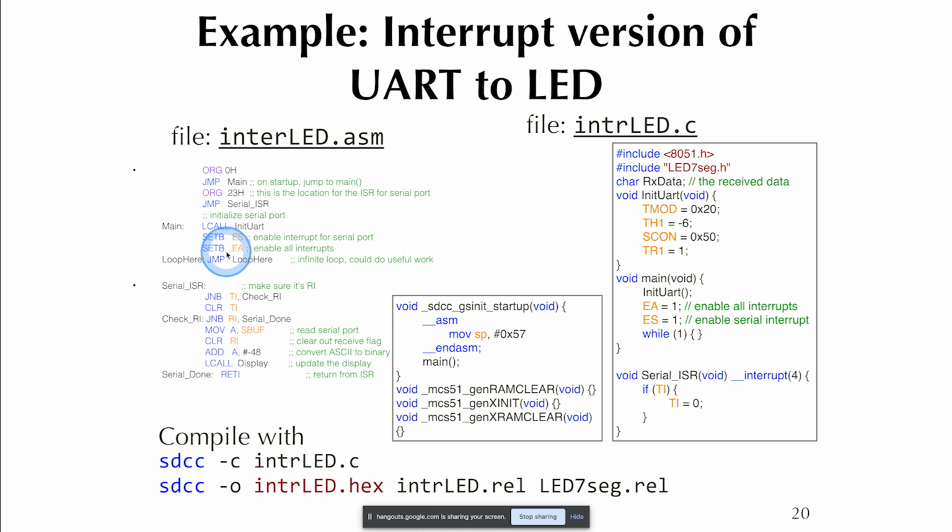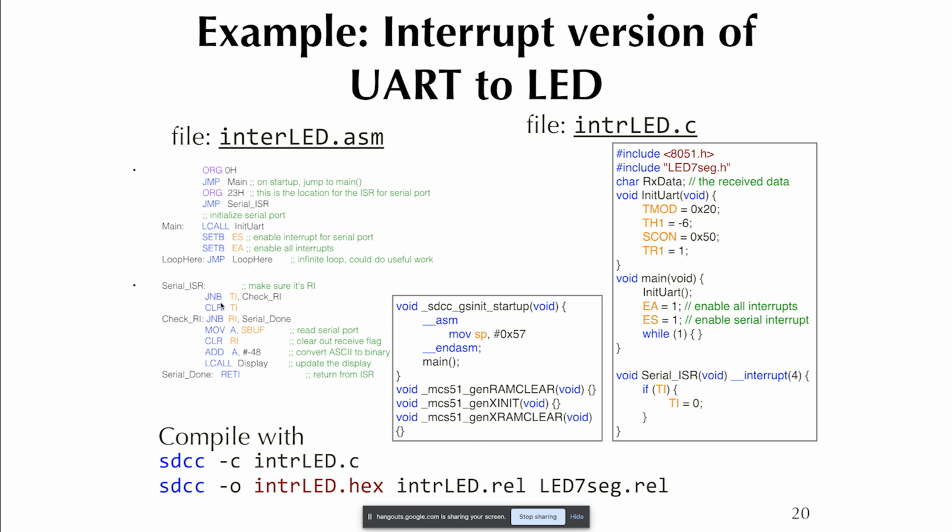So how this one works is you set up a serial interrupt as opposed to polling, right? And what it does is the same check as what polling does. You remember this one: you type on the UART, send a character, and have it print out that digit on the LED, right?